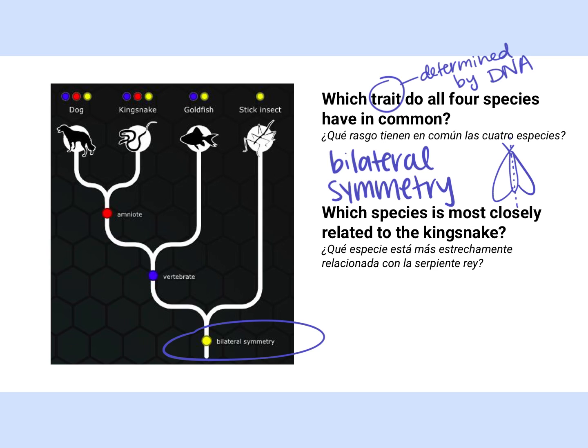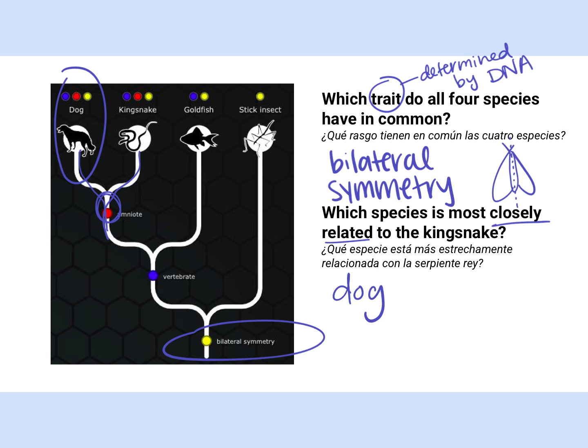Okay, which species is most closely related to the king snake? So if I look at the structure of my tree, I can see that the dog is most closely related, and I can tell because when I trace these back, they intersect right here.